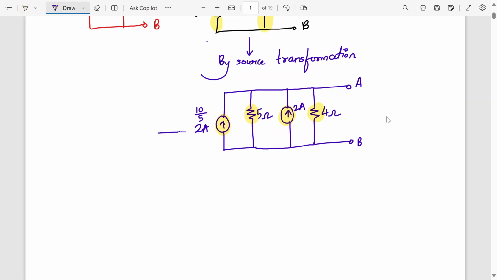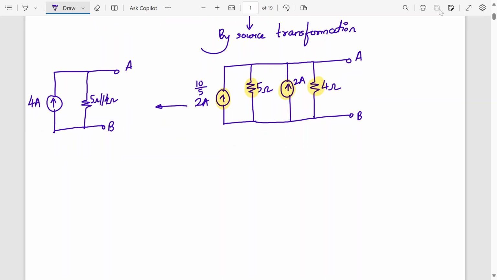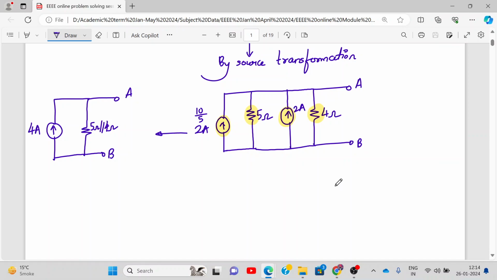So instead of two current sources we can combine them. 2 ampere plus 2 ampere becomes 4 ampere, and this resistance will be 5 ohm parallel to 4 ohm. So please calculate this answer and let me know what is 5 ohm parallel to 4 ohm.